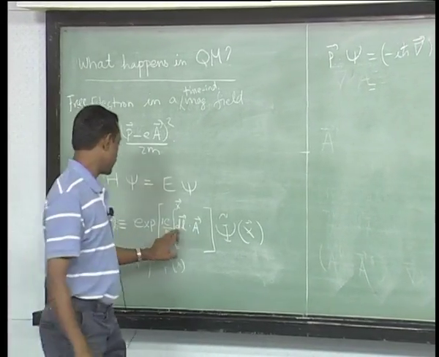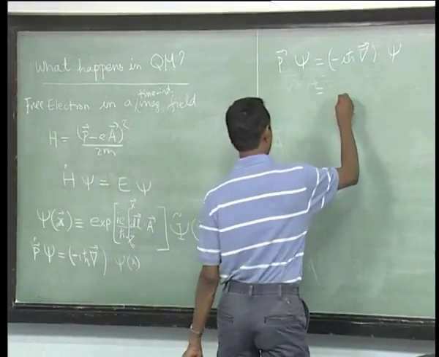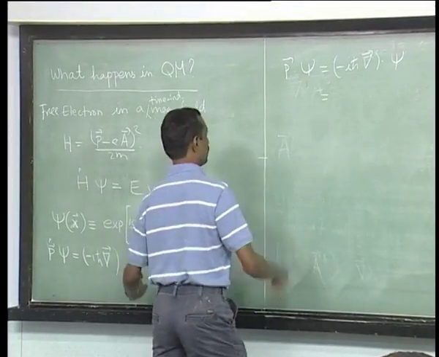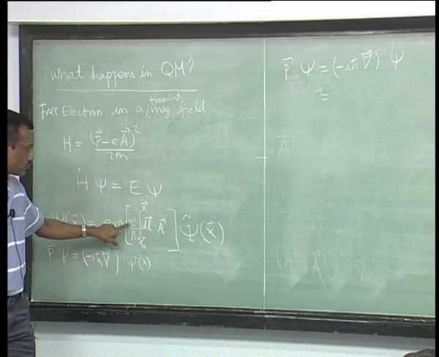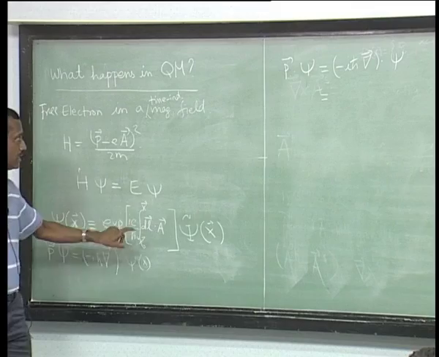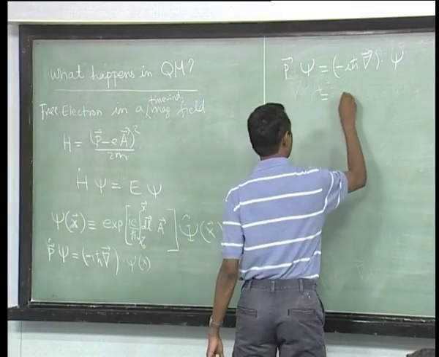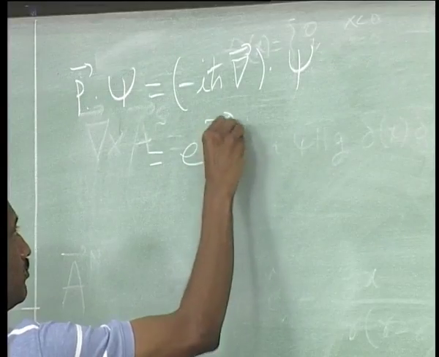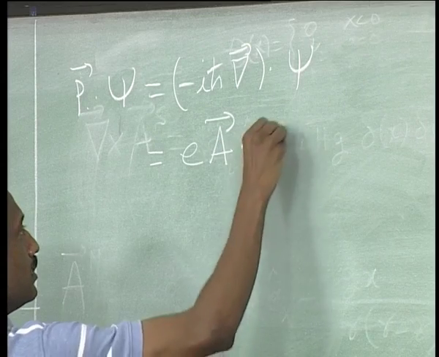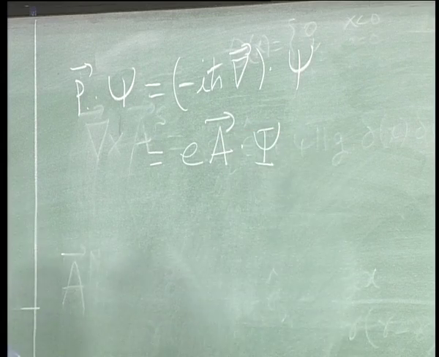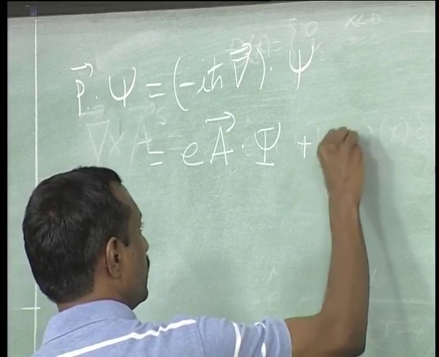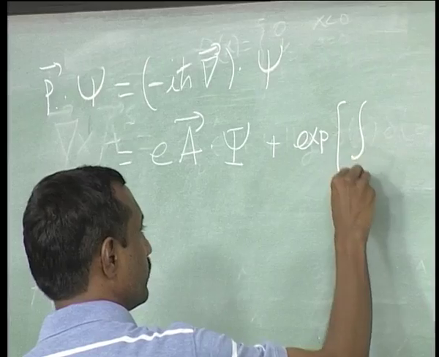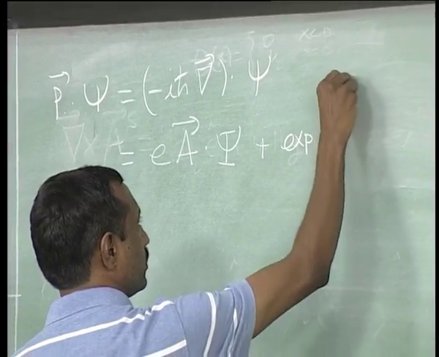So the first one is when it hits this, what you get is A, it will pull down. So there will be an i h bar, which minus i h bar into i will cancel, the h bars will cancel, I will get eA times psi, and then there will be a part which would be plus exponential of that line integral from some reference point x naught to x.